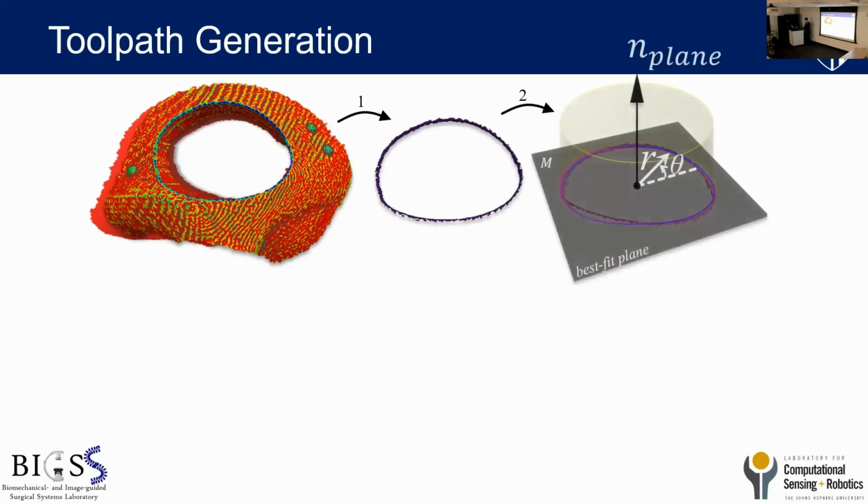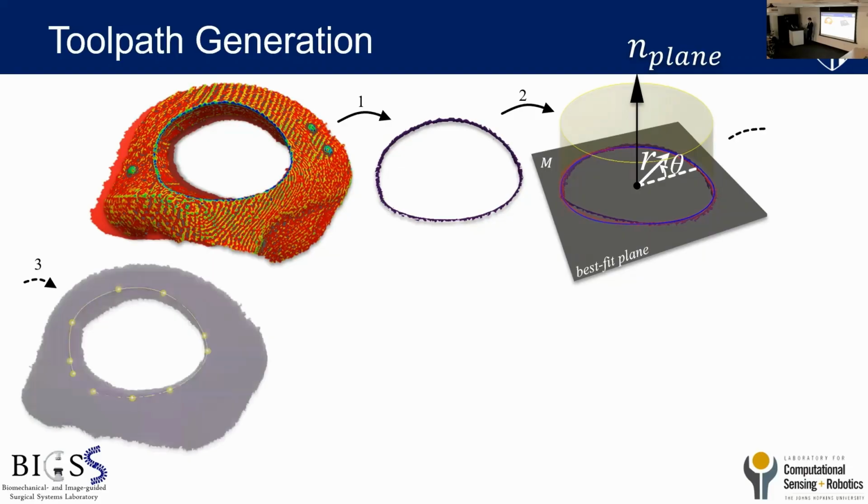And then we parameterize all the vertices in local cylindrical coordinates by fitting a best-fit plane through all the vertices. Each vertex can be parameterized by theta and its radius, and its distance to the plane as a function of theta. And then we fit a 3D curve to all the vertices and convert it into a spline curve, which allows the user to further adjust if necessary.